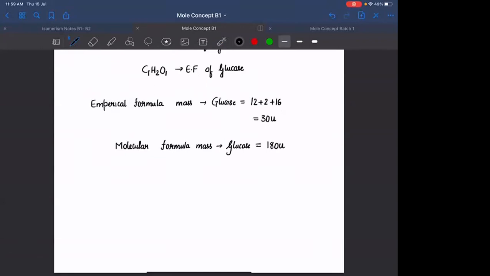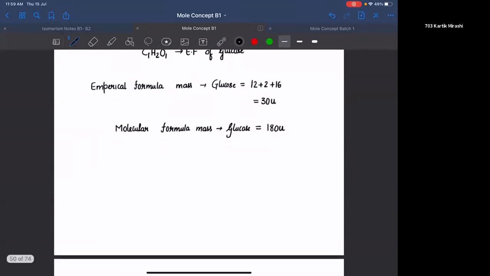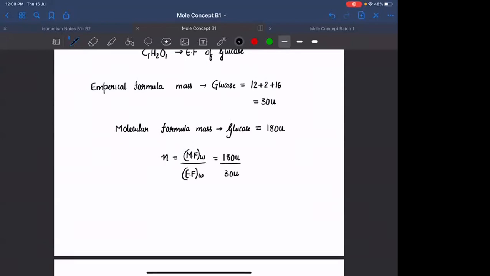180 amu. We will calculate something called the n factor, which is molecular formula mass divided by empirical formula mass, which is equal to 180 amu divided by 30 amu, which is equal to 6.